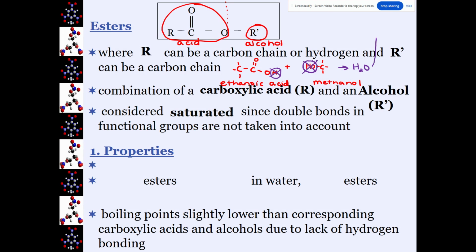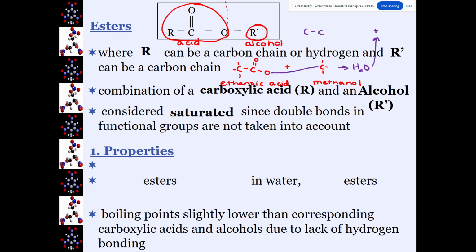I'm going to have to write my other product up here, my ester product. So that would be a water molecule that comes off. Now, when these are gone, this is gone and this is gone. This leaves my O needing to bond to something and this C needing to bond to something. So they bond to each other like that, and this is what my ester looks like.